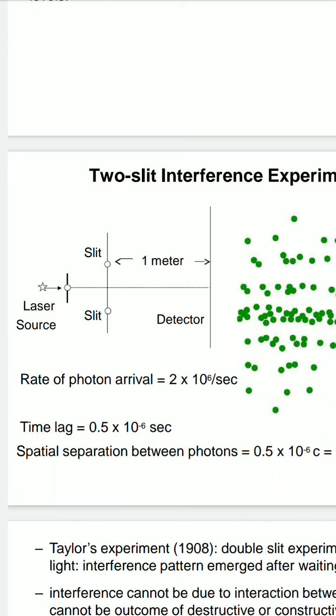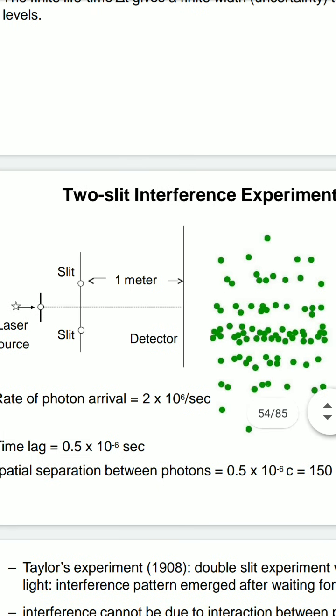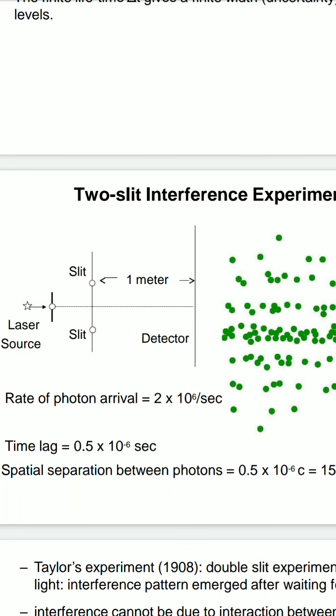When the laser source is shined on the two slits, which are very close by, and the slit size is very small, and if you are detecting the light beam on a screen which is 1 meter away from the slits, we are detecting the light intensity on that screen. The detector is placed there.